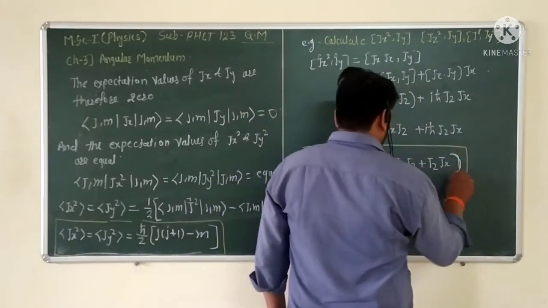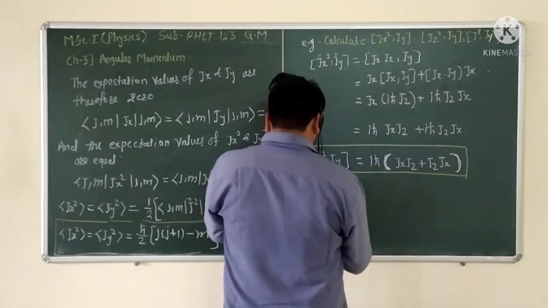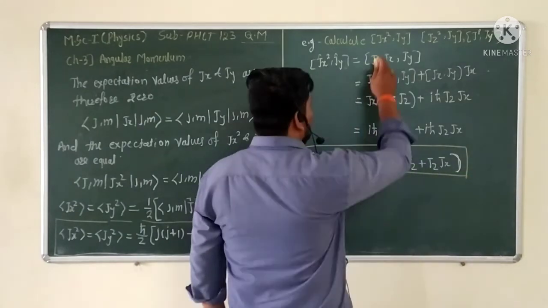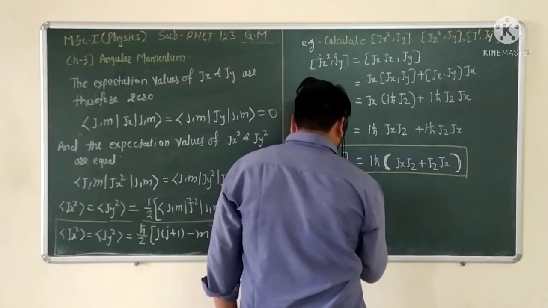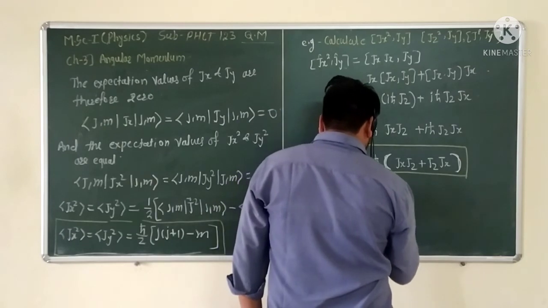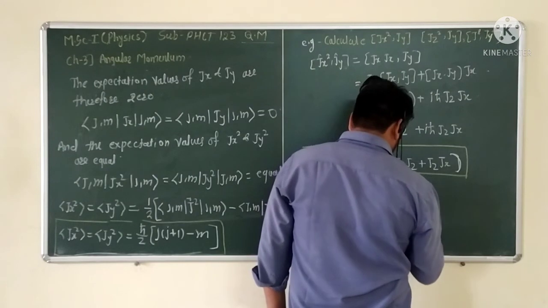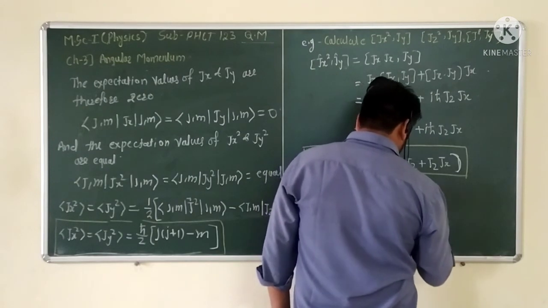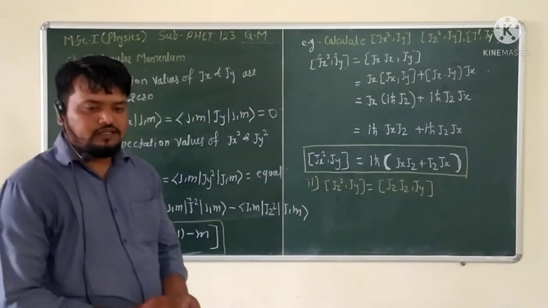Now we want to solve our next commutator bracket, the commutation relation of [Jz², Jy], which is [JzJz, Jy].